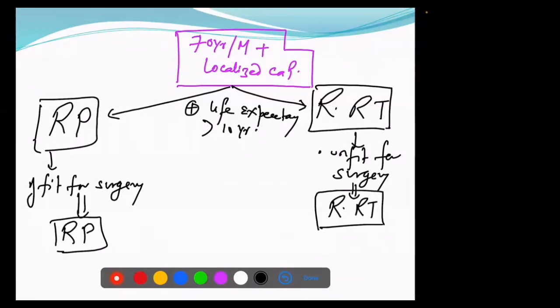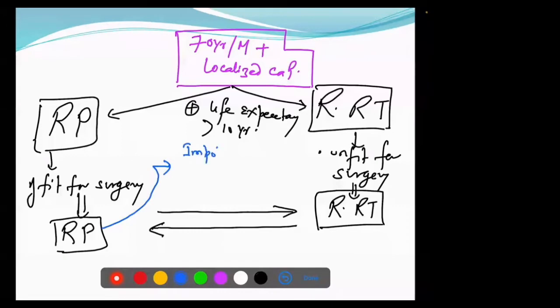Another option is that the patient can choose either radical radiotherapy or radical prostatectomy depending on the complication profile. If you compare the complications, radical prostatectomy may lead to impotency, so erectile dysfunction, it may lead to incontinence, or it may lead to stricture.